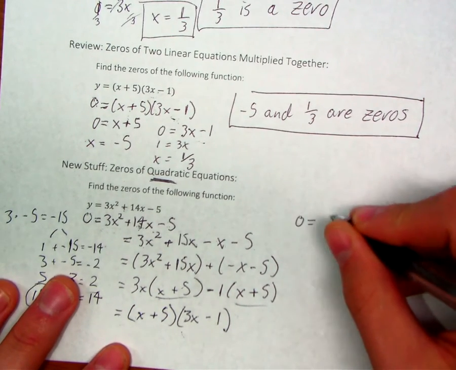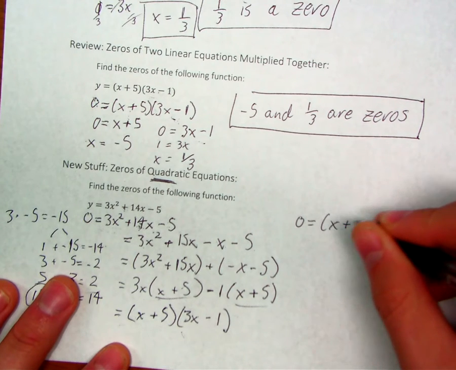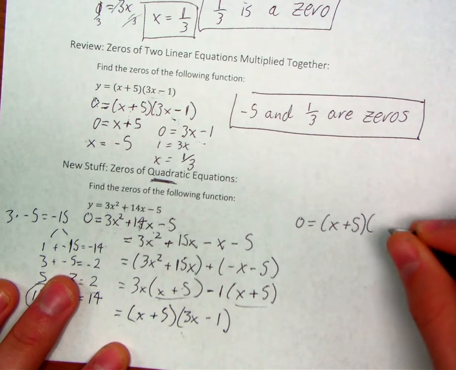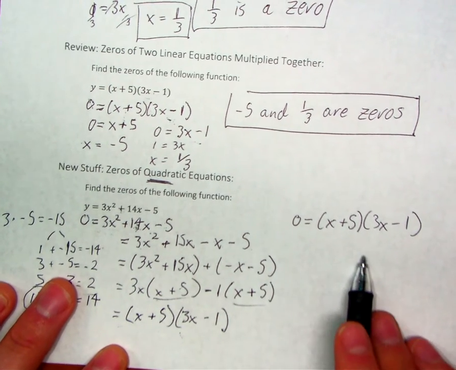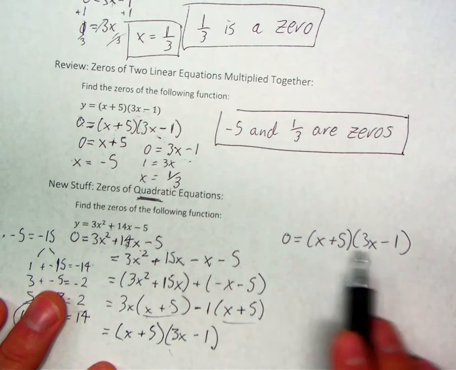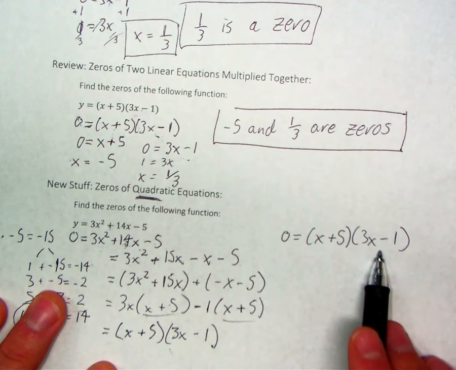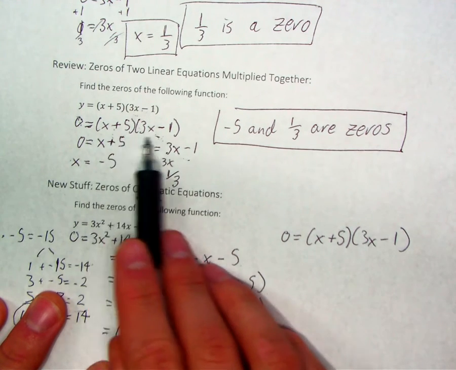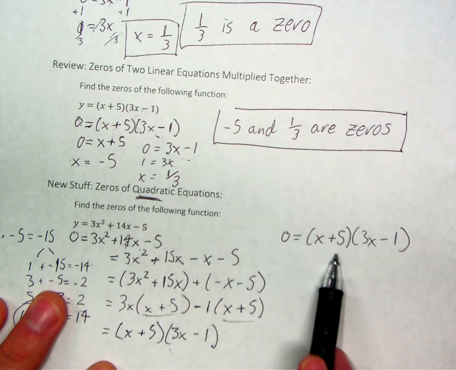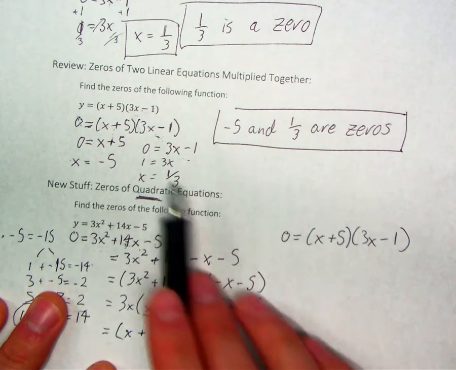So that's nice because I already know how to find zeros of two linear equations multiplied together. And in fact, not only are these two linear equations multiplied together, these are the exact two linear equations that I figured out the zeros of right up here. It's turned into the exact same problem as I did up here.